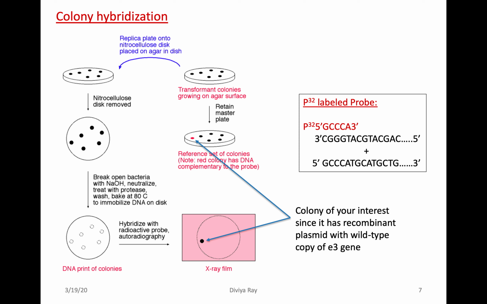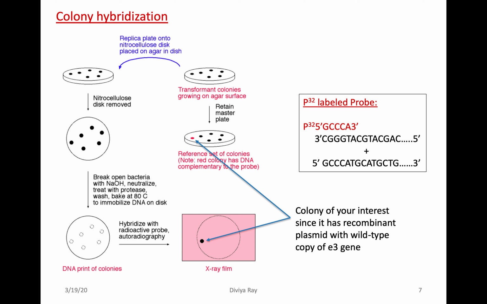So your radiolabeled probe has hybridized to the complementary sequence on the E3 gene, and this E3 gene was a part of the recombinant plasmid present within this colony. That's why it is only this colony that is lighting up. So you started with many, many colonies, but by doing the colony hybridization, you have fished out the colony that has the recombinant plasmid with the E3 gene as the insert.